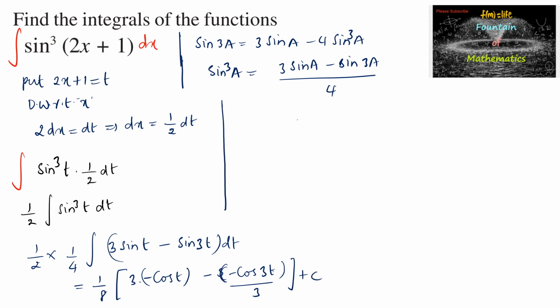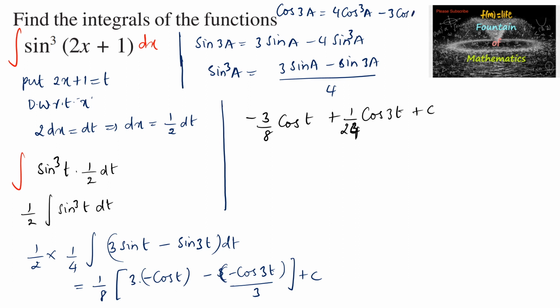So here we can write, which is equal to minus 3 upon 8 cos t, and here minus of minus, plus 1 upon 3 times 1 upon 8, or 1 upon 24 times cos 3t plus c. And we can also write this by using the cos 3a formula. We know that cos 3a is equal to 4 cos cube a minus 3 cos a. Let us substitute it here in place of cos 3t.